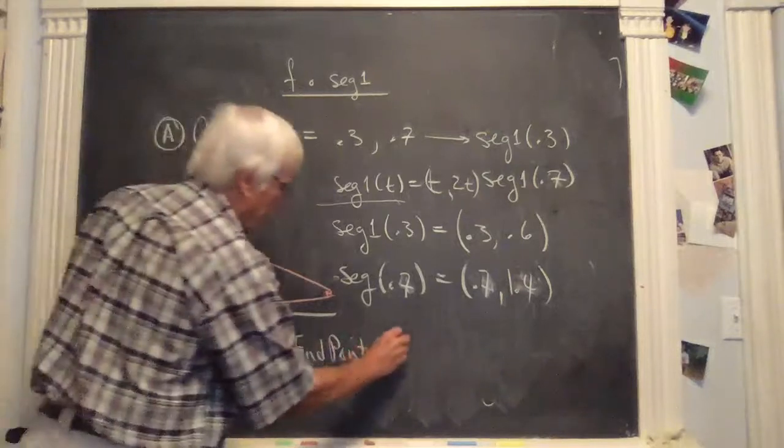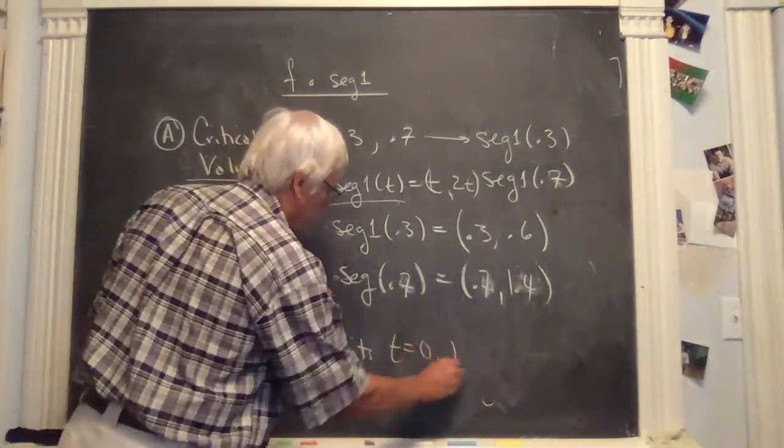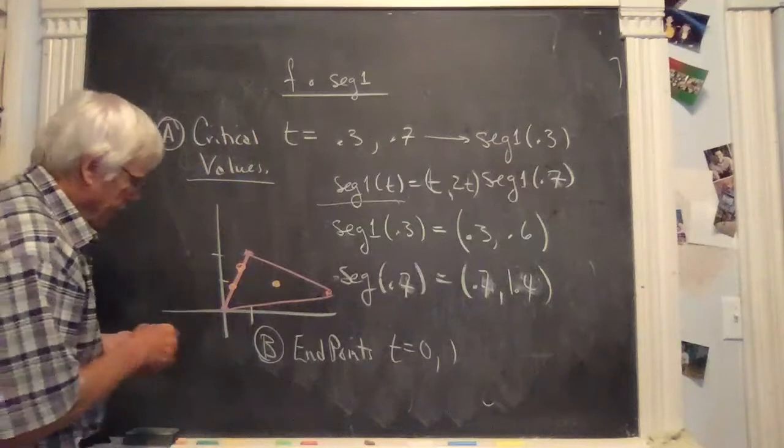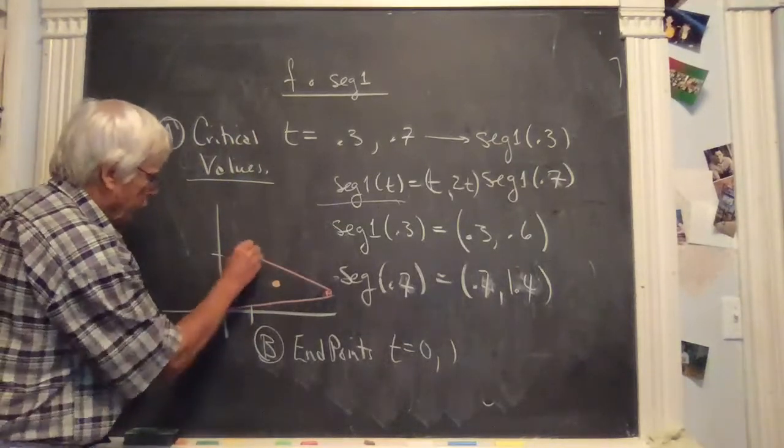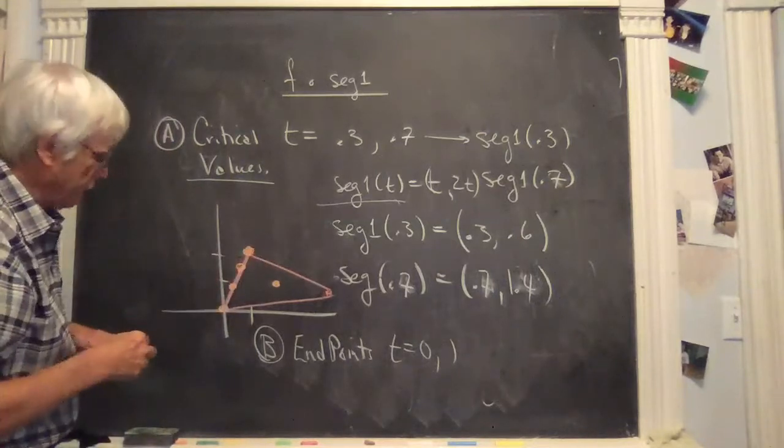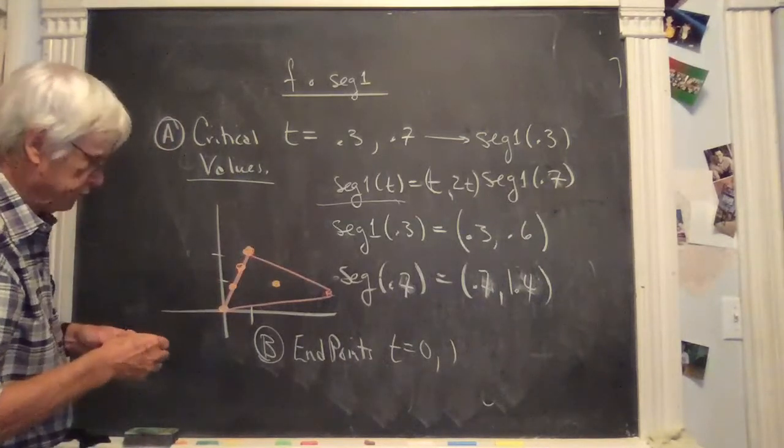Now these correspond to the endpoints of our domain, t equals 0 and t equals 1, and they will correspond to these corner points of the triangle.